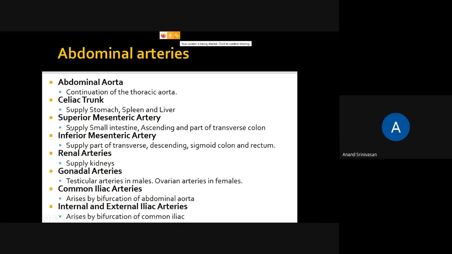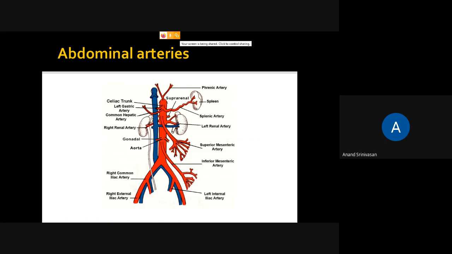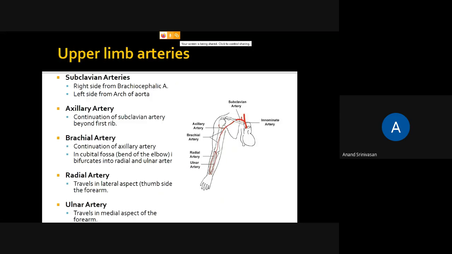Until part of the transverse colon, it is supplied by the superior mesenteric artery. The remaining part is supplied by the inferior mesenteric artery. Now the renal arteries supply the kidneys. The gonadal arteries supply the reproductive organs: the testicular arteries in males, and in females, the ovarian arteries. So these are the branches from the abdominal aorta.